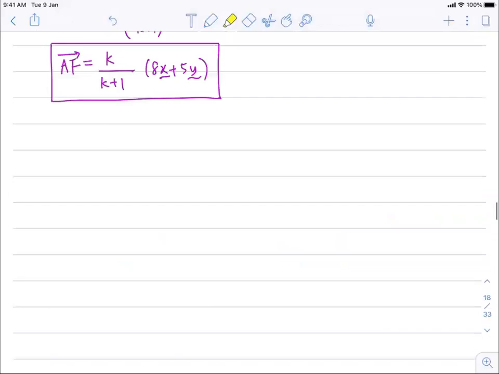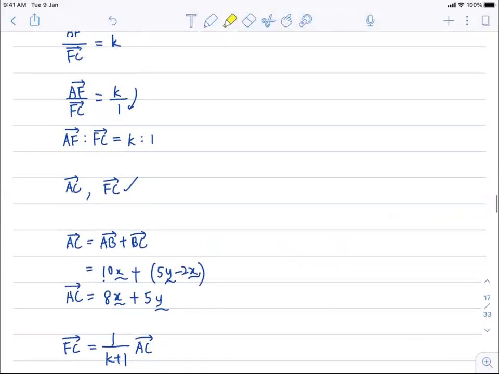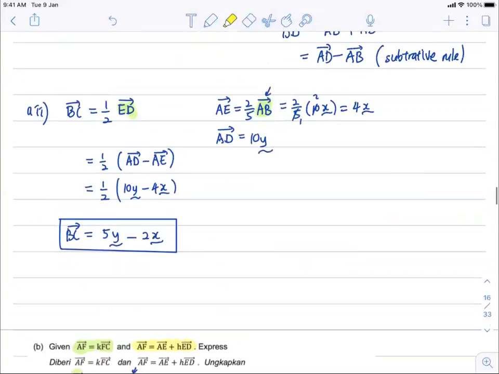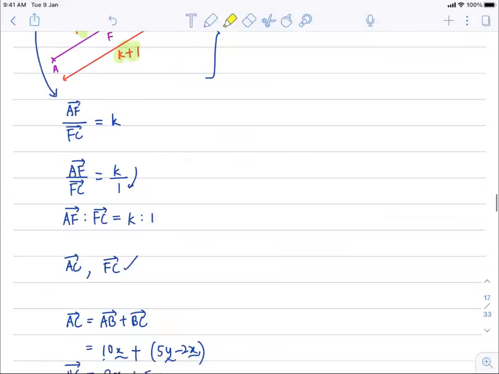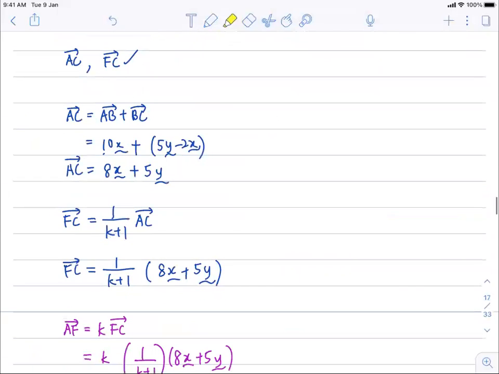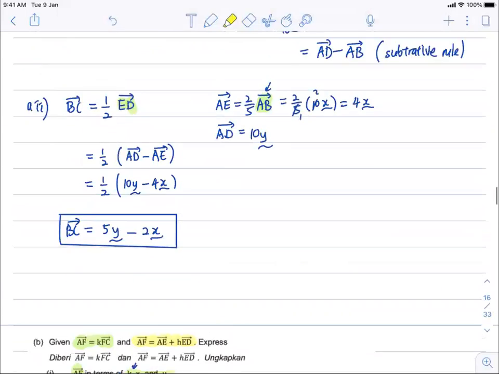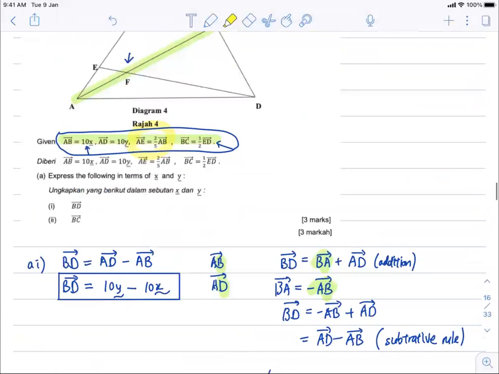So AB, let us first find AB. Notice AB is already provided in the question here.